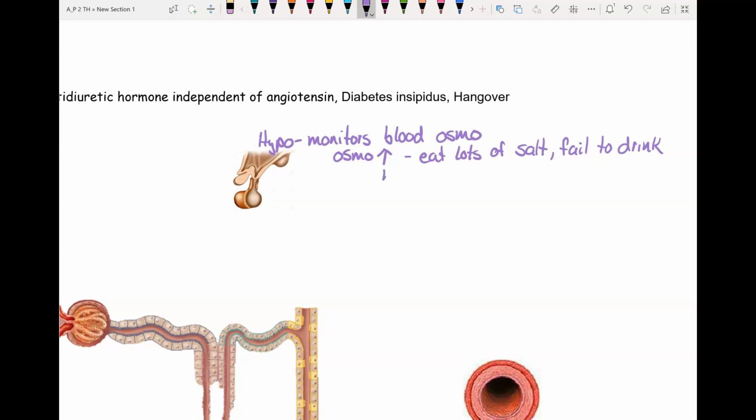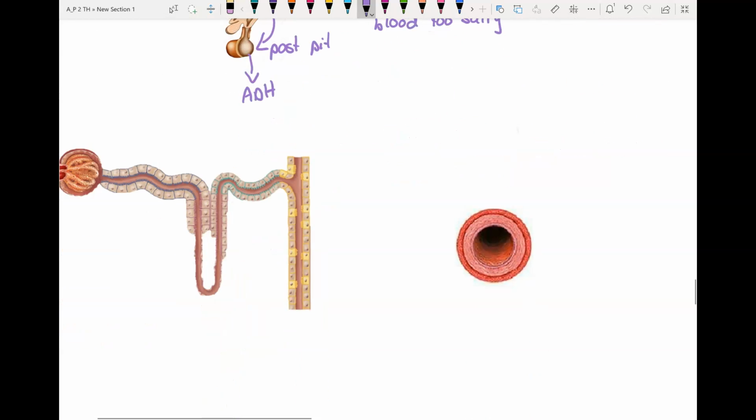So it means your blood is too salty. It's going to stimulate your posterior pituitary to secrete ADH. So now we're looking at ADH when it's being secreted because your blood is too salty.